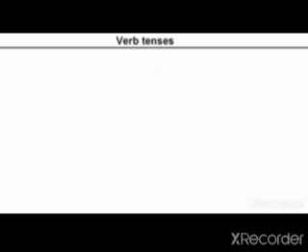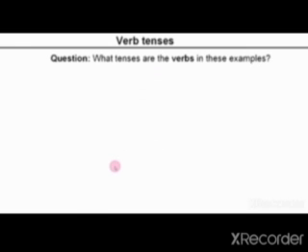Then verb tenses. Which tenses do we use in the first conditional sentence? What tenses are the verbs in these examples? If I miss the bus, I will take the train.